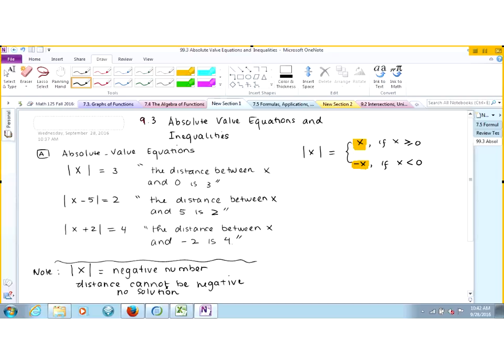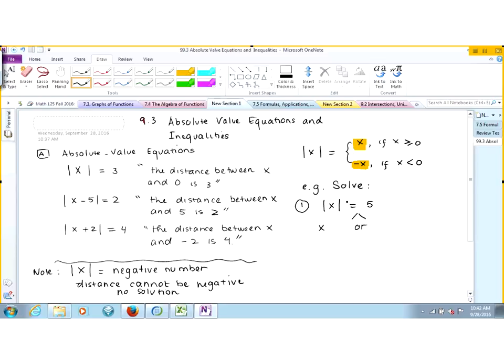So suppose I have, for example, solve number 1. Absolute value of x is equal to 5. What am I supposed to do with my absolute value? There is an or in the middle.